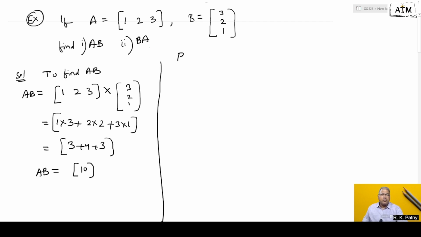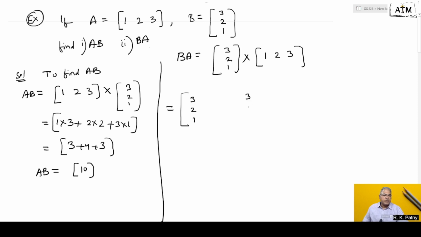Now we'll find out BA. BA is nothing but 3, 2, 1 multiplied to 1, 2, 3. Now what you do? You write down 3, 2, 1, three times. Then after that, the first element is 1, so write here 1, 1 and 1. What is your second element? 2, so into 2, into 2, into 2.